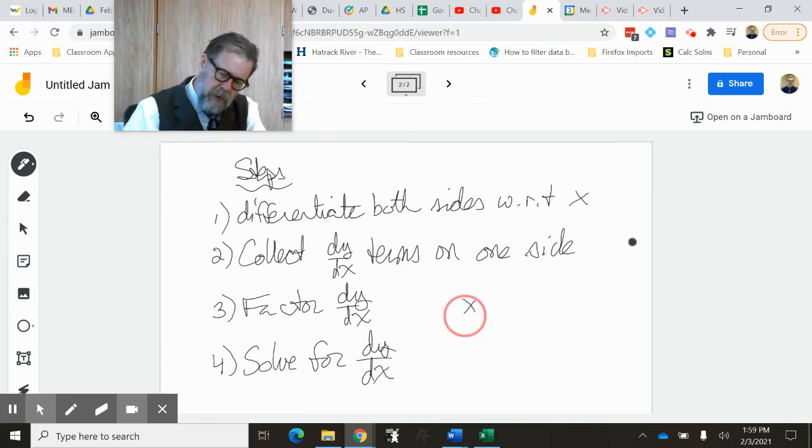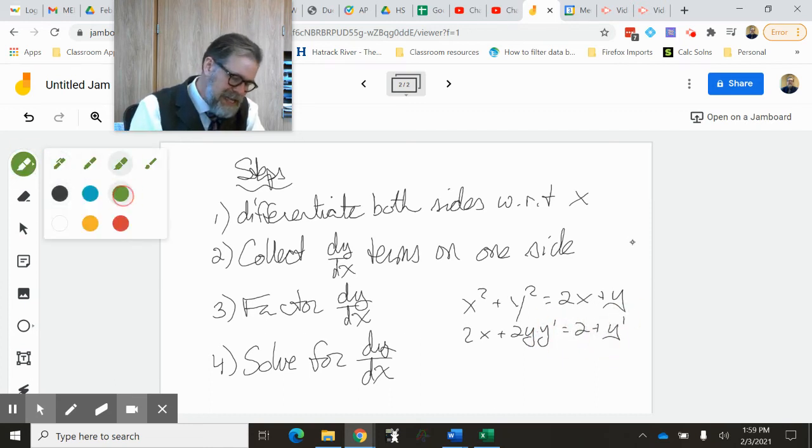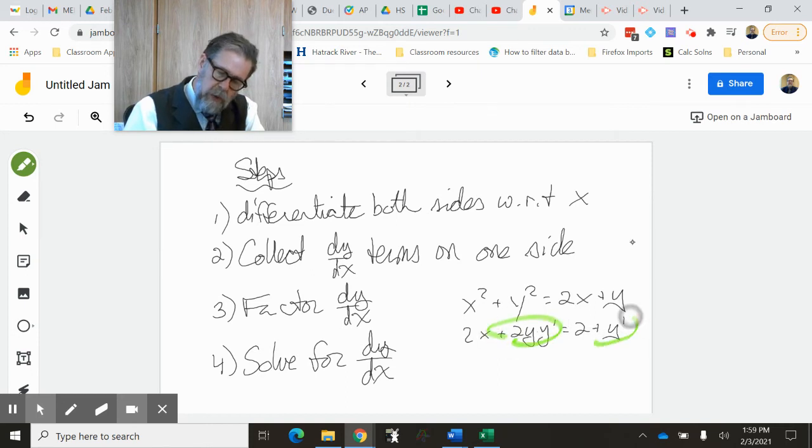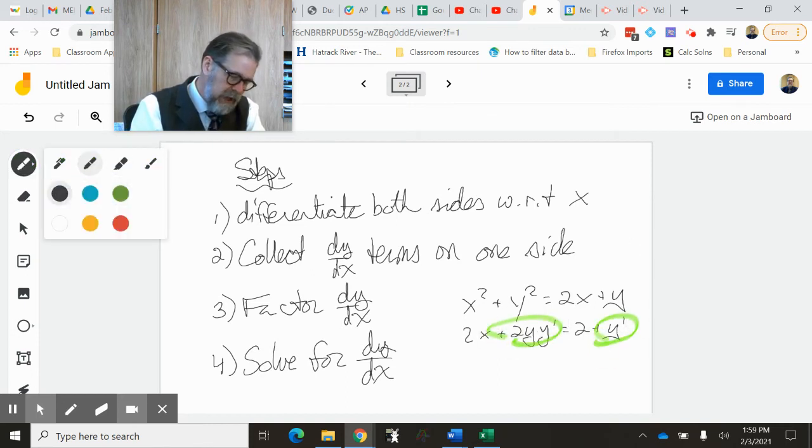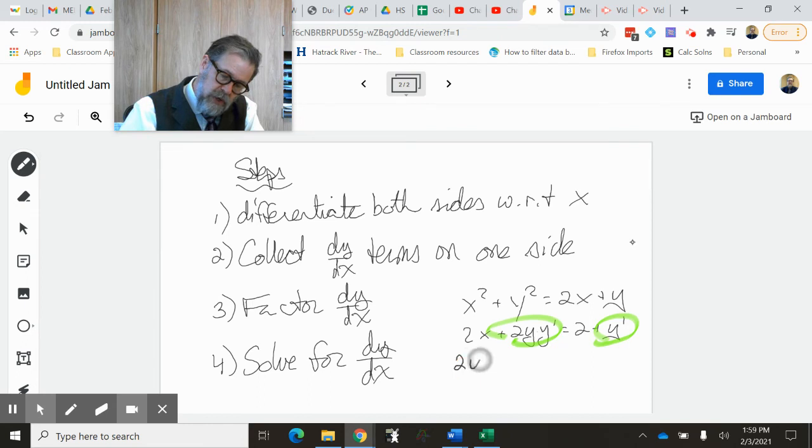Quick example, x squared plus y squared equals 2x plus y. 2x plus 2y y prime equals 2 plus y prime. We're going to collect these terms on one side and put everything else on the other. So we've got 2y y prime minus y prime equals 2 minus 2x.